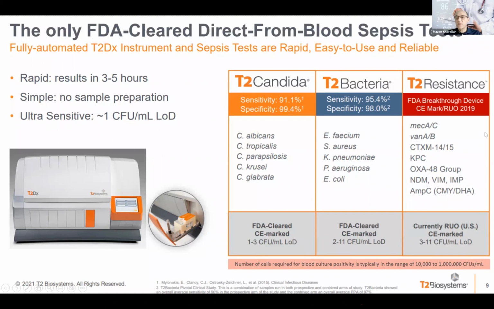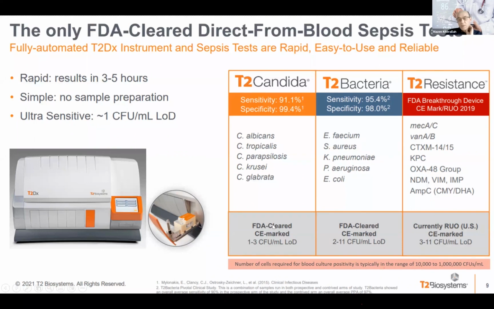And then you have the T2 resistance genes, and you can see mecA/C, vanA/B, the ESBL, KPC, OXA, and the metallo-beta-lactamases, and you have AmpC here. So the major genes that might be responsible for resistance.